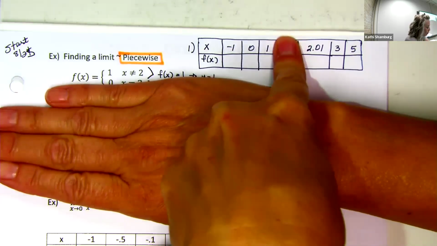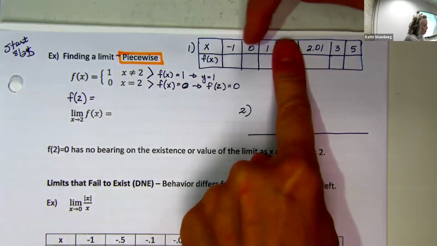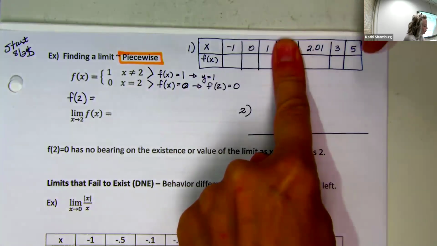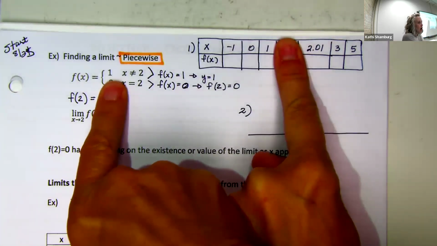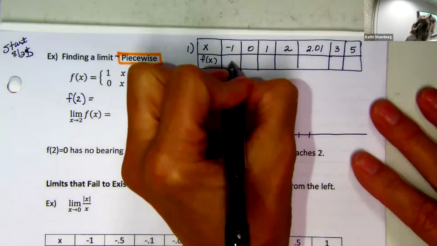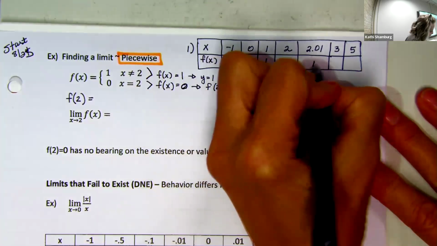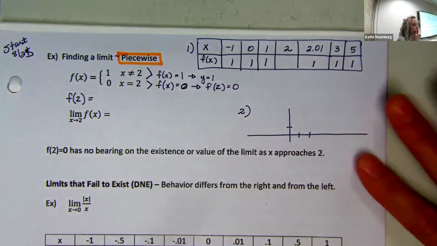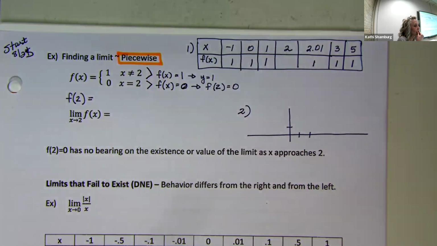It can't be 2. Any other number that you choose, the output will always be 1. So if I were filling out this table, that would tell me that ones go here. Okay, so that's what that would look like in a table.